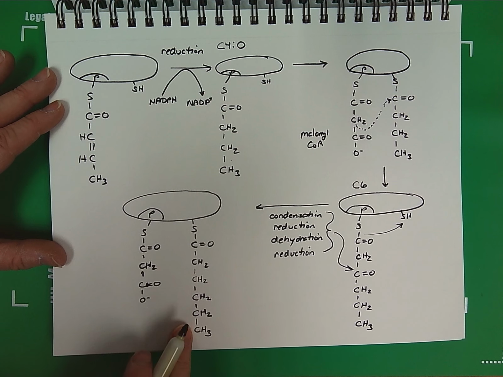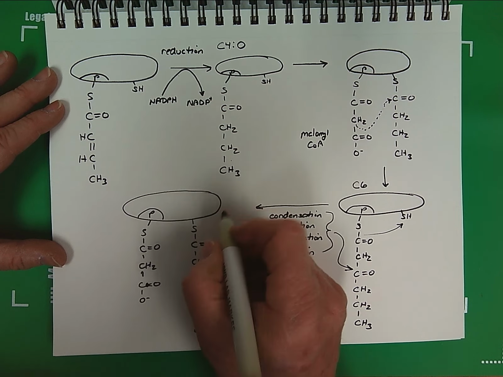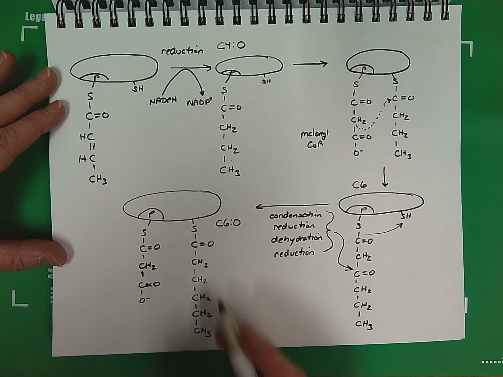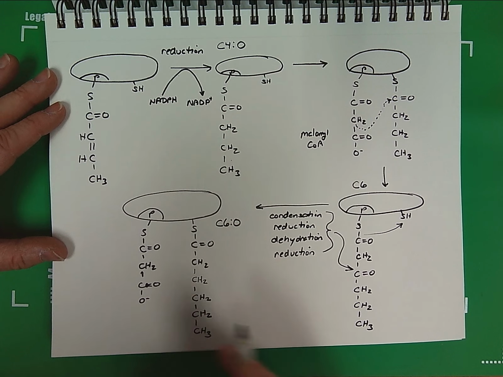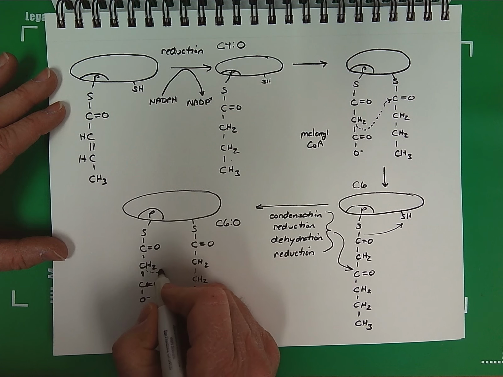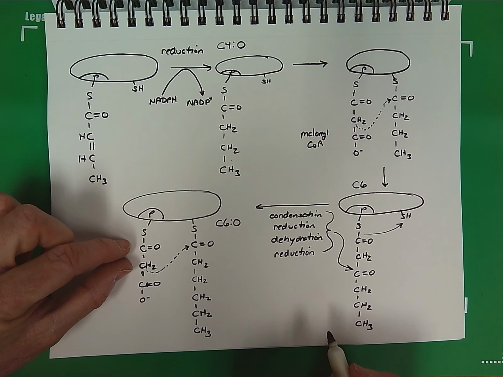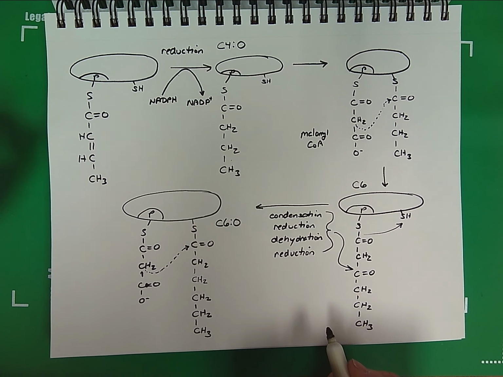So at this point here, we have a fully saturated C6 fatty acid chain. Again, the next round, we perform a condensation reaction, and we're going to add 2 more carbons to generate a C8.